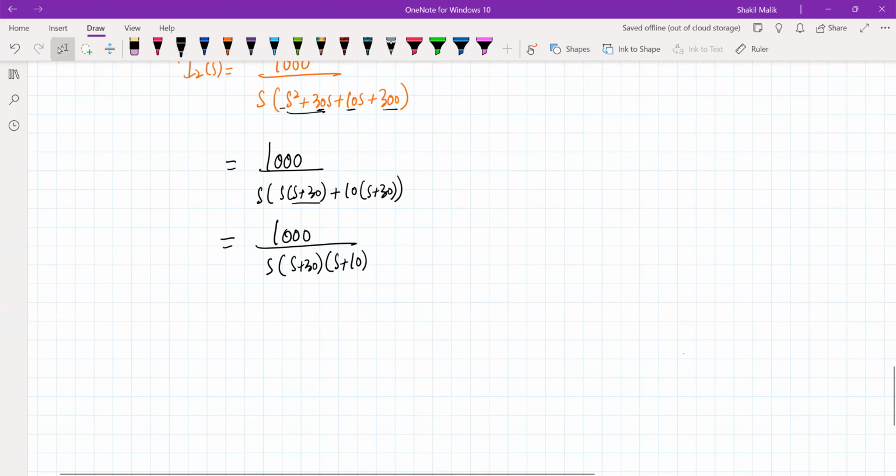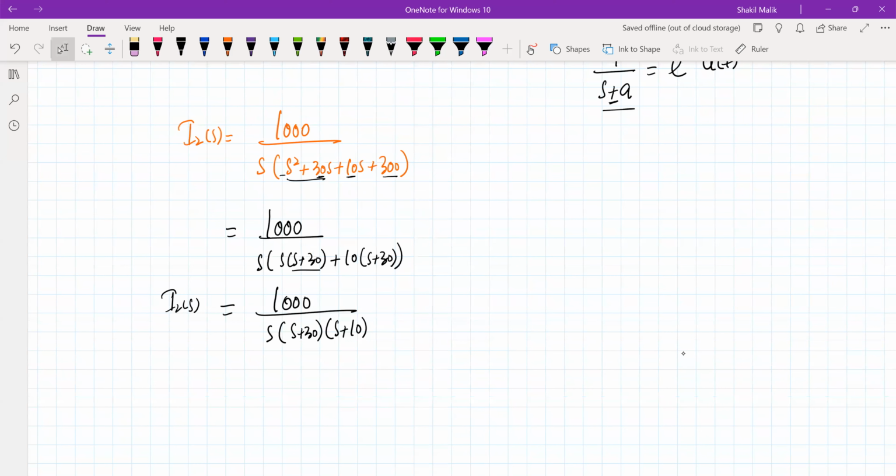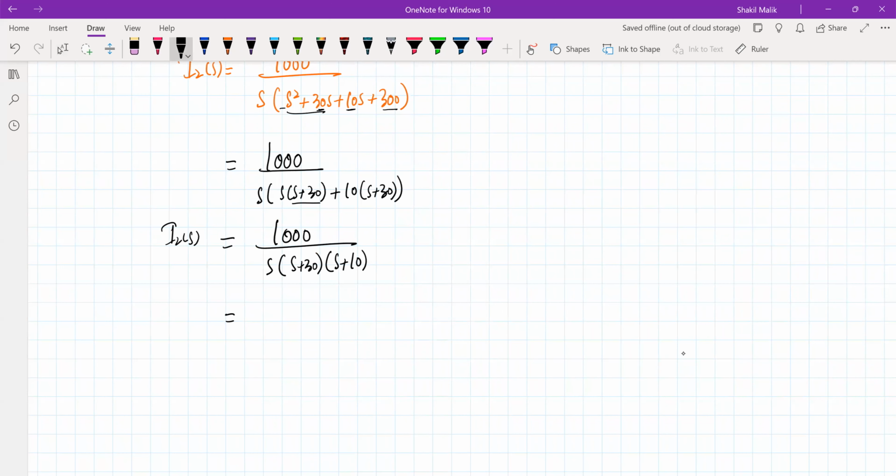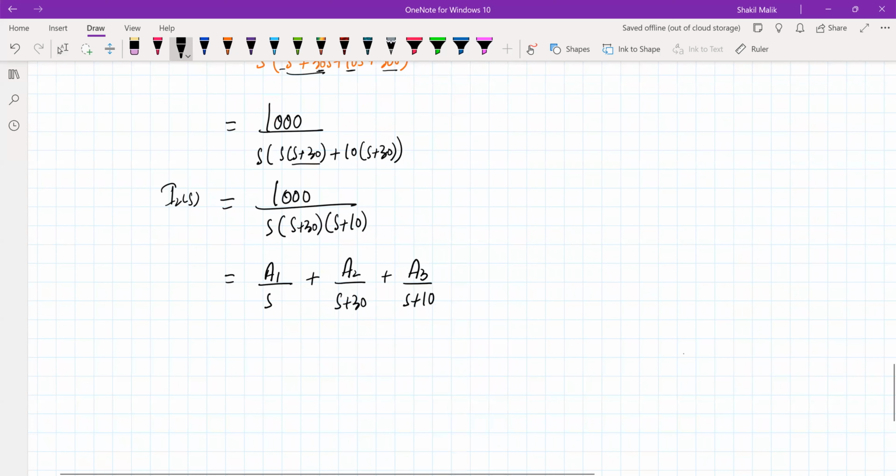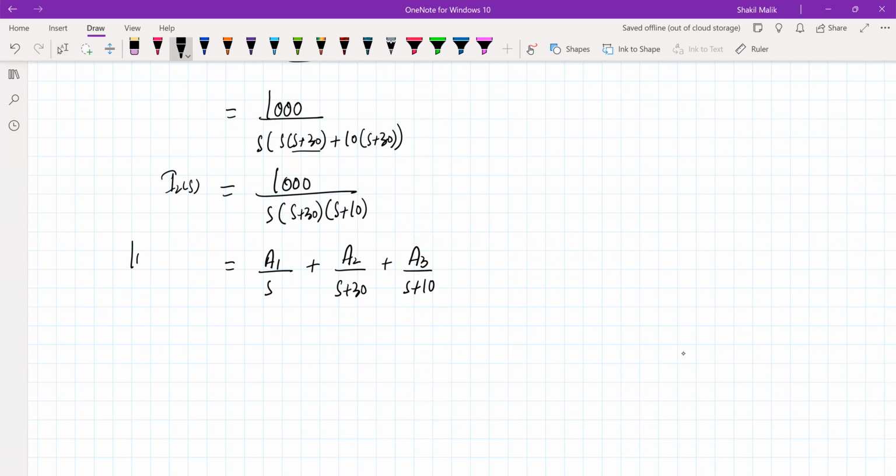What we do after this is use the partial fraction method to write it. Using the partial fraction method, we'll say this is equal to A1 divided by s plus A2 divided by s plus 30 plus A3 divided by s plus 10, which equals 1000 divided by s into s plus 30 into s plus 10.